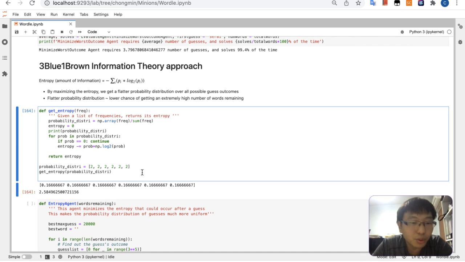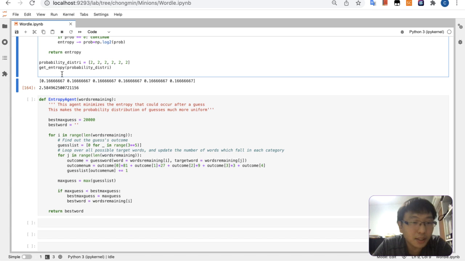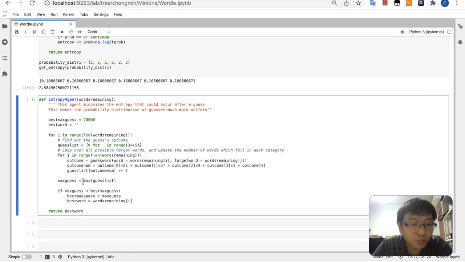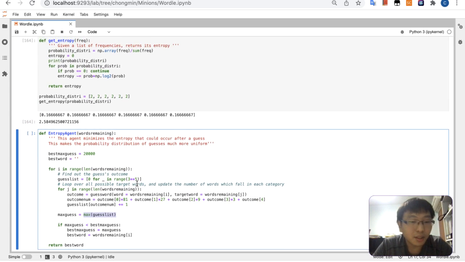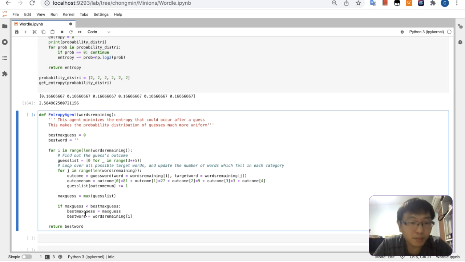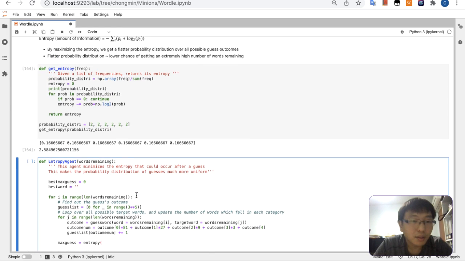So I think this is the function. I think I coded it correctly. So instead of doing the max guess, the best max guess here will be 0 now. And then if best guess is greater, then this one will be entropy, get entropy.